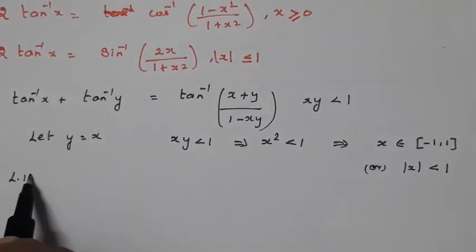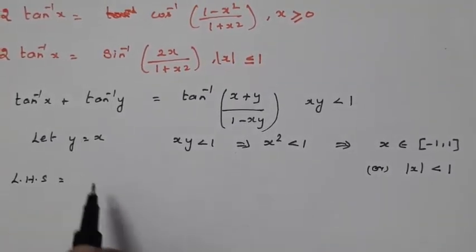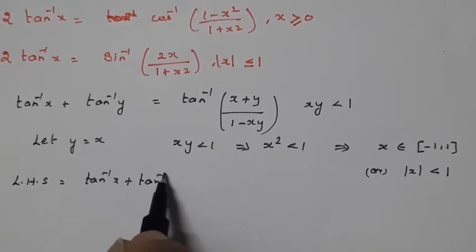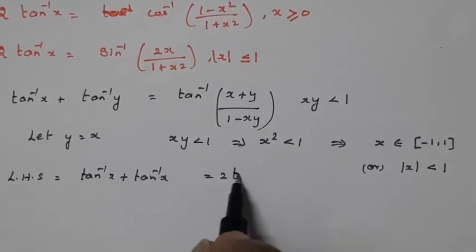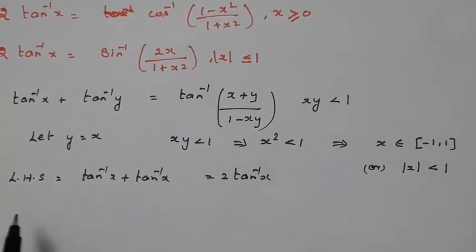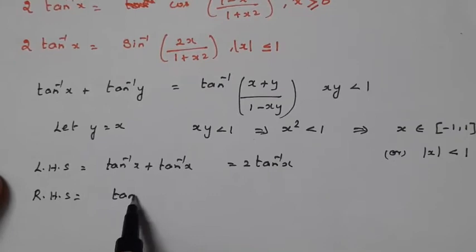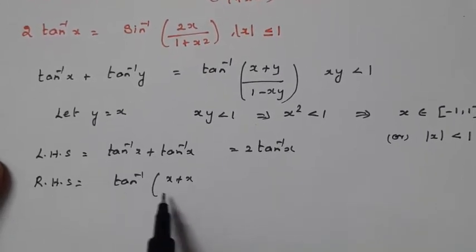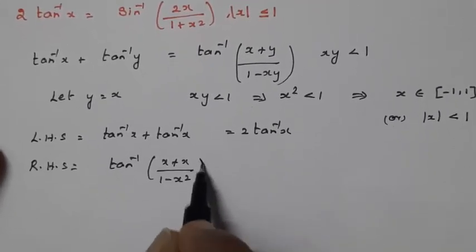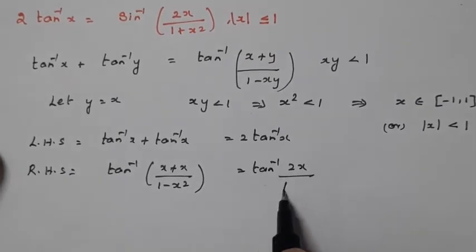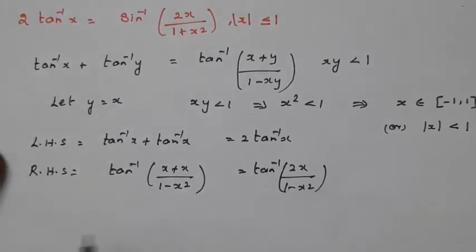Now, what happened to the left hand side? If we take y as x, it will become tan inverse of x plus tan inverse of x. That is nothing but 2 times tan inverse of x. Now, right hand side is tan inverse of x plus x divided by 1 minus x squared. That is nothing but tan inverse of 2x by 1 minus x squared.